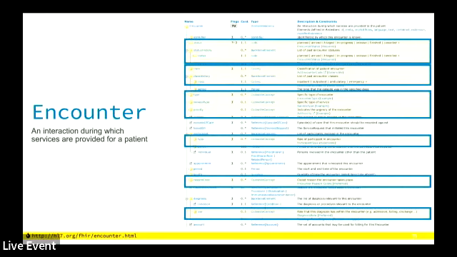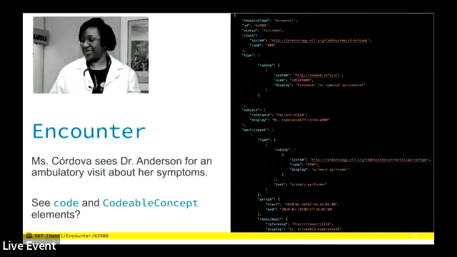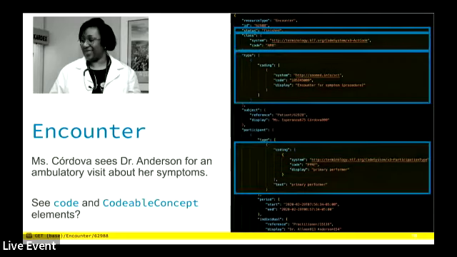And so in the context of Ms. Cordova, who's seeing her primary care physician for an ambulatory visit about her symptoms, we see reflected in the data something like a code for ambulatory, which is defined by an HL7 coding system. We see the type of encounter being identified by a SNOMED code, an encounter for symptoms.